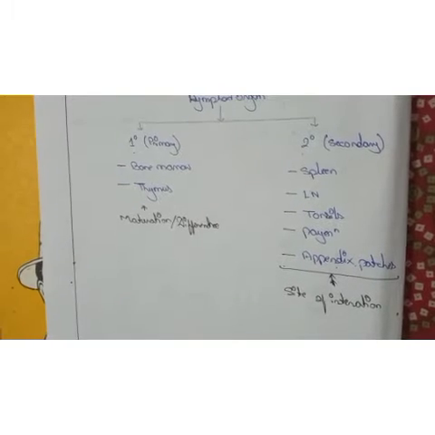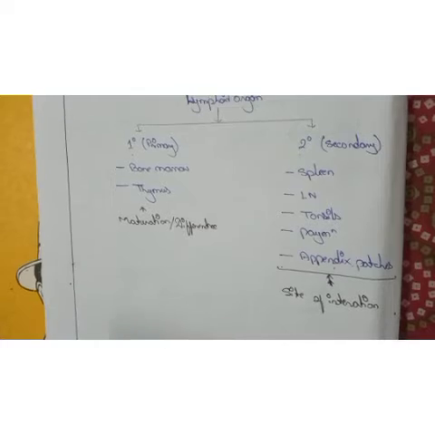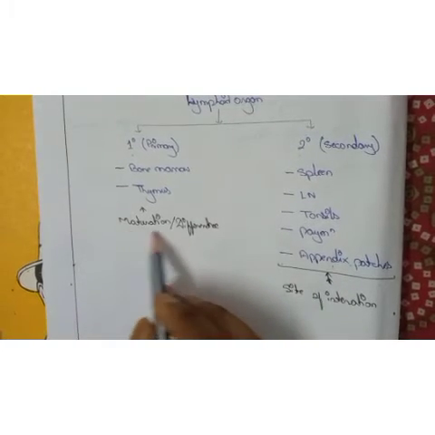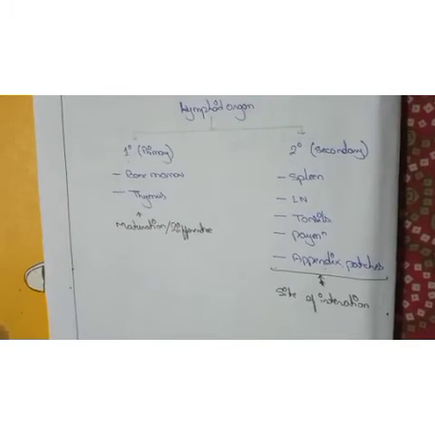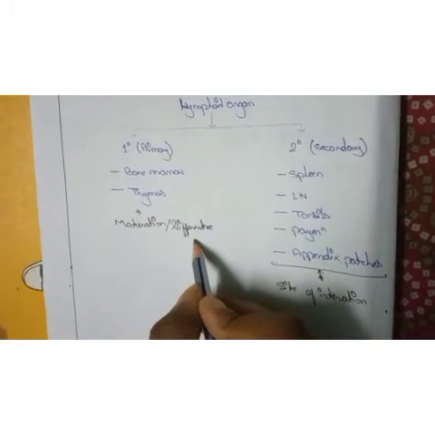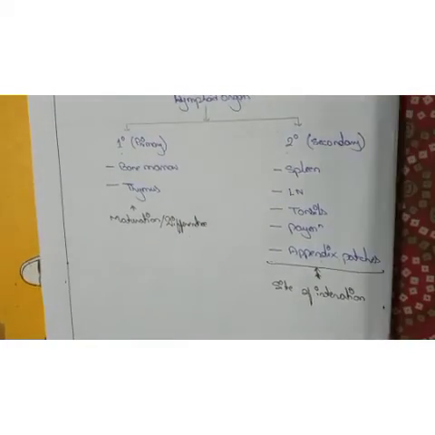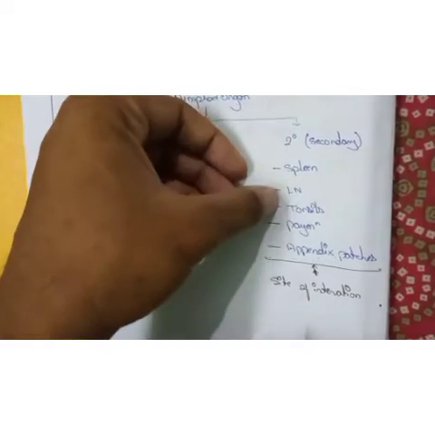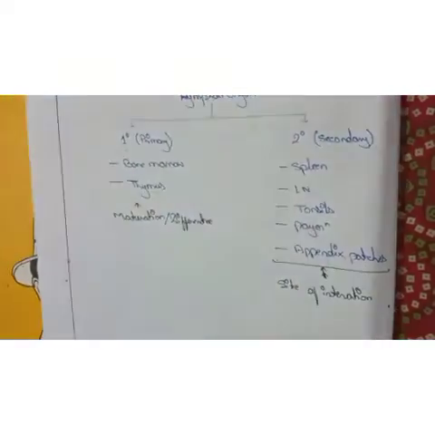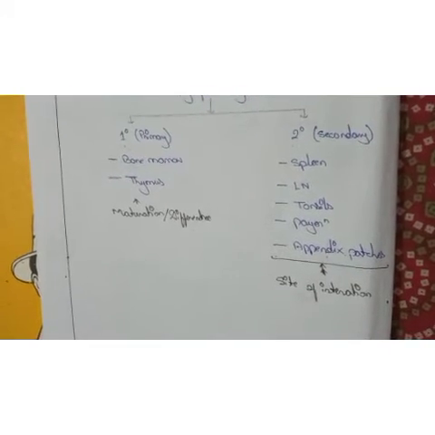For the bone marrow and thymus, the primary lymphoid organs, there is maturation and differentiation. And the secondary lymphoid organs are the site of interaction.